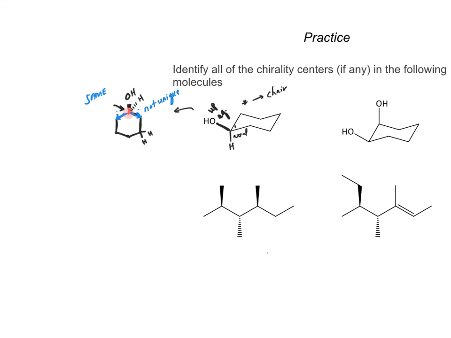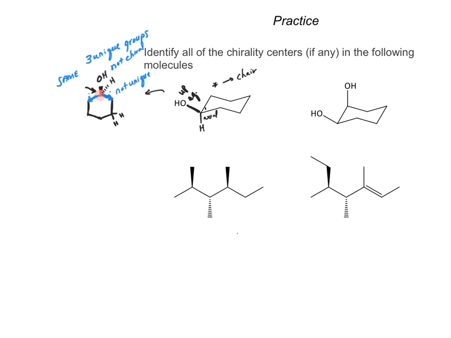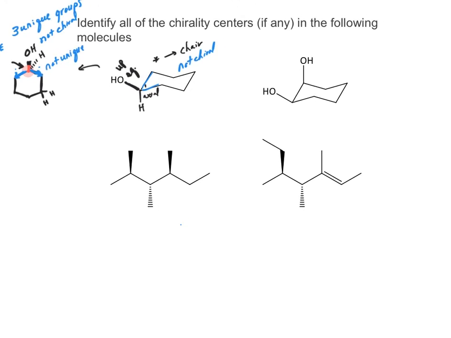So we only get 3 unique groups for this molecule, at least at this center, and because of that, this is not chiral. Not chiral, again because this path and this path are exactly the same.